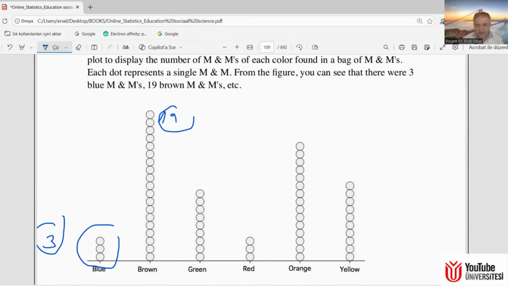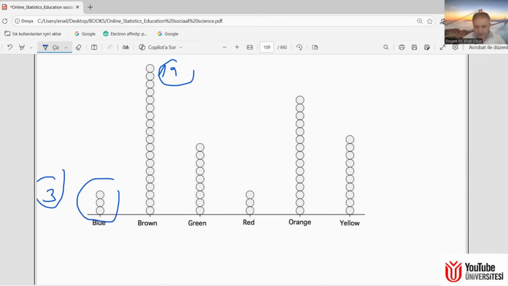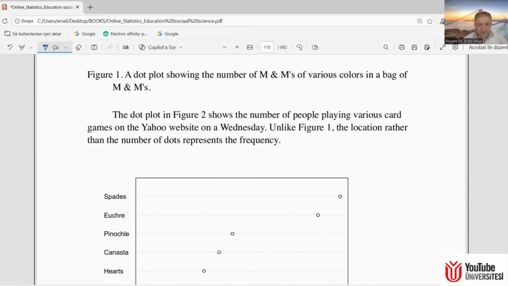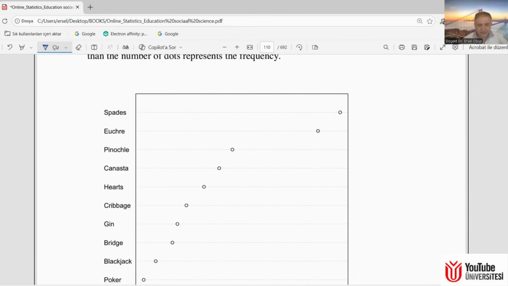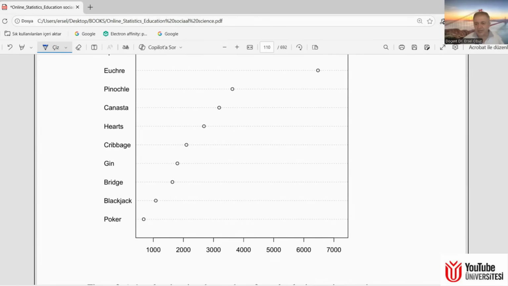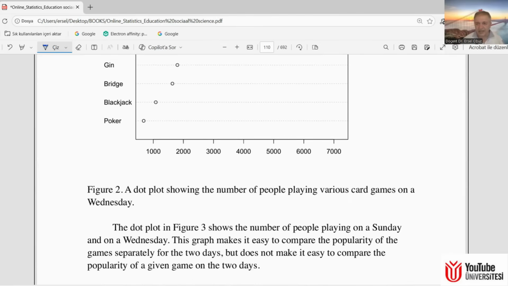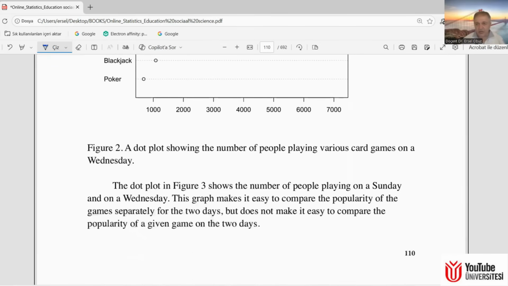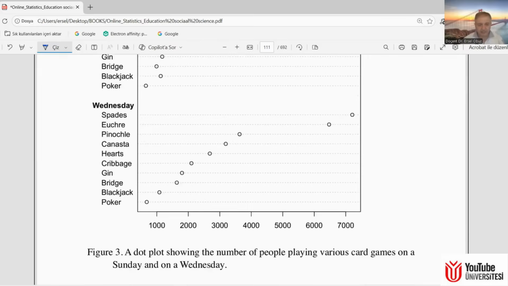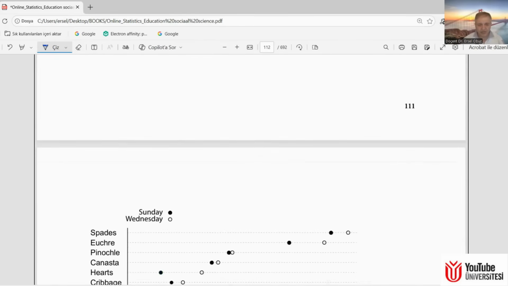So this is called dot plot. Is a different one, like you know, in that case, the categorical variable put here, and then that is the number. It really doesn't matter. As long as the basic idea is okay, you can do either way. Okay? So that's the dot plot.